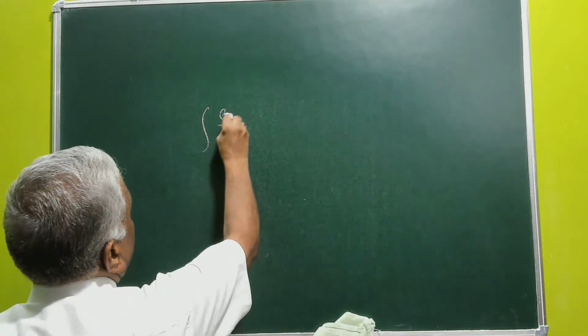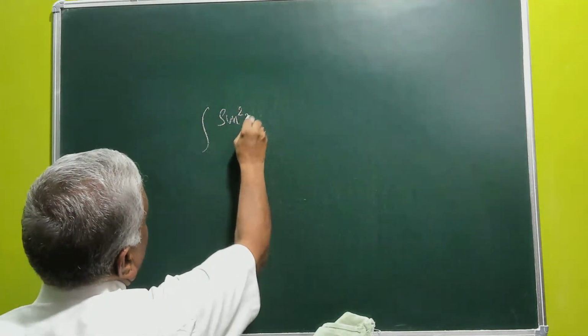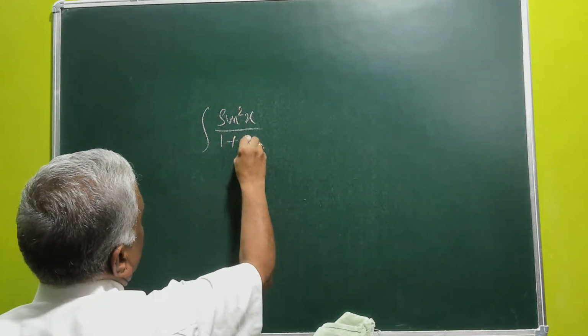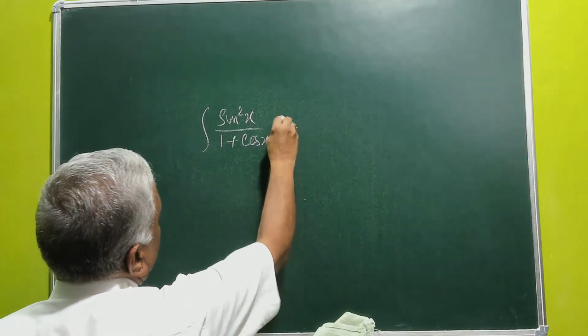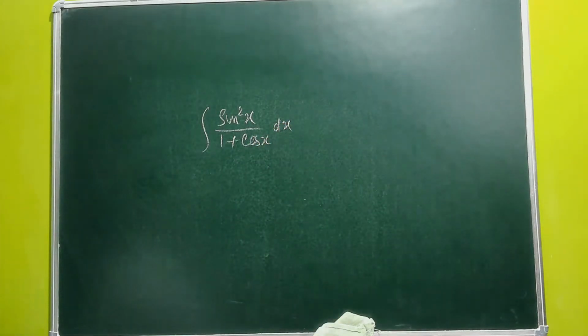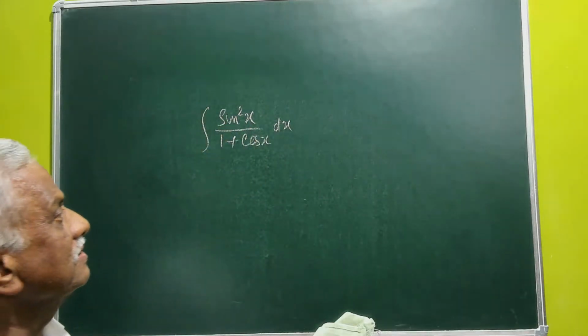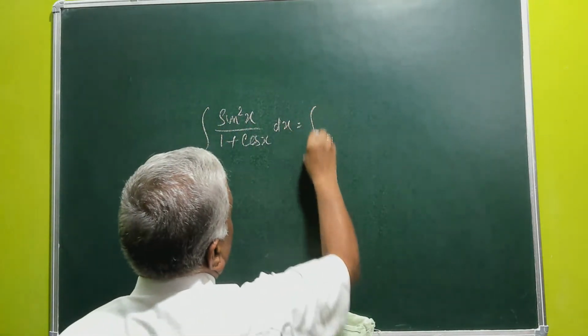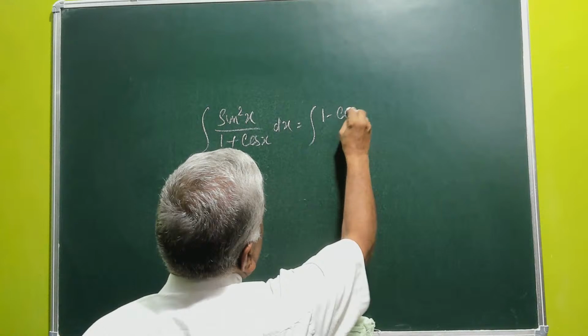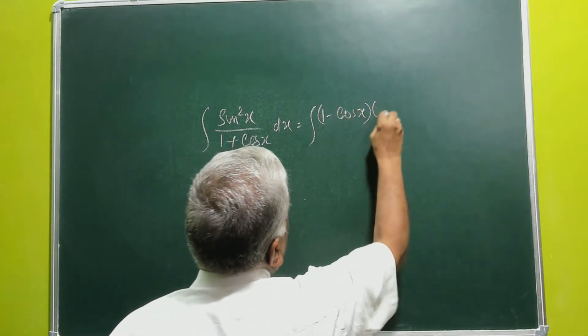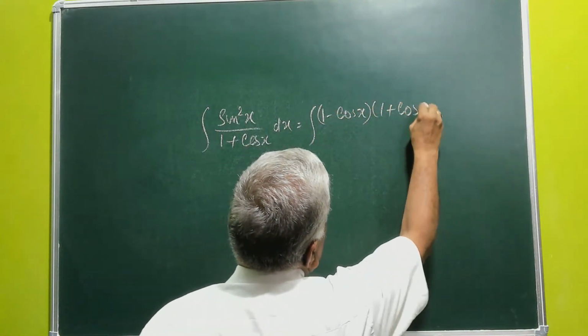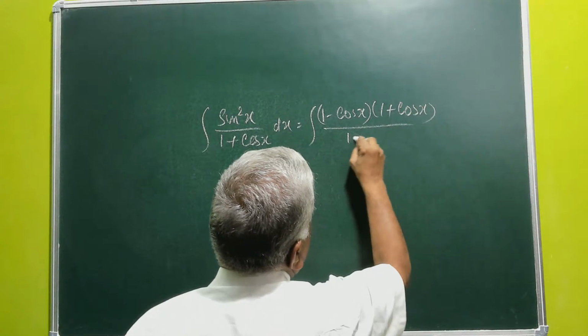If you are given sin square x over 1 plus cos x. See, it is not of the form f dash because cos x will give only sin x, not sin square x. So you have to use the trigonometry formula. This is 1 minus cos x into 1 plus cos x divided by 1 plus cos x.